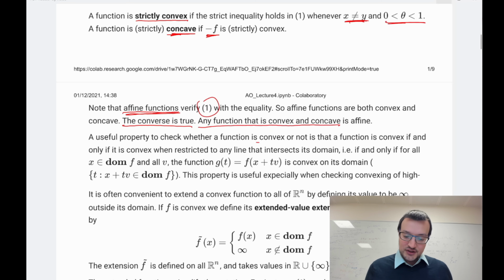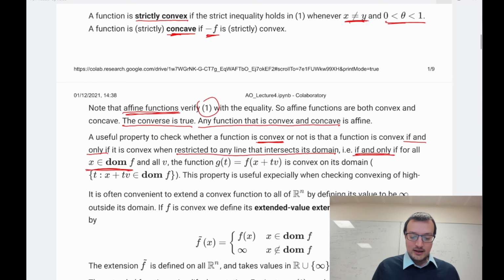But there is a nice result which says that a function is convex if and only if, once we restrict it to any line that intersects its domain, it is convex. It means that a function is convex if and only if for all x in the domain and for all v, the function g of t, defined as f of x plus tv, is convex on its domain.